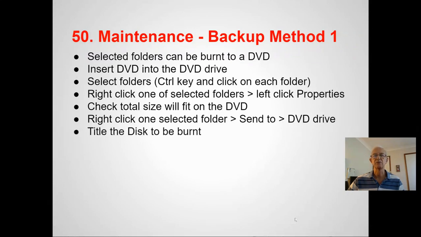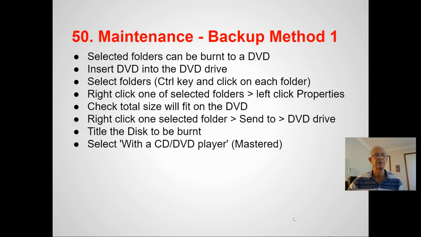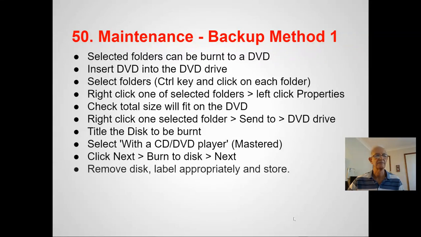Having got that, a little window will open up and you'll title the disk that you're going to burn. It might be with the date, and something that describes which folders this includes and so on, just to make it easier. And then you select With a CD/DVD player as one of the options and click next to burn the disk, and then next.